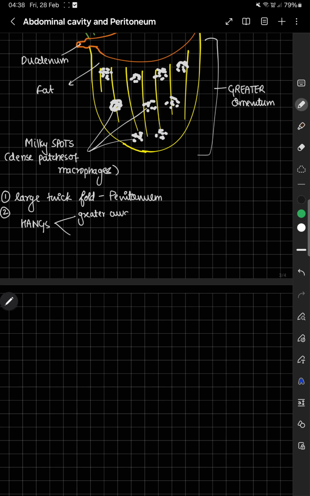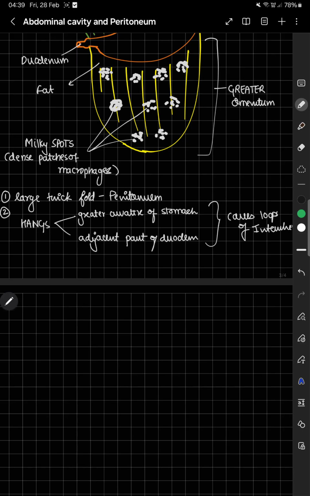Okay, simple. Adjacent part of duodenum and the greater curvature of stomach. And this whole thing covers the loops of intestine to some extent. It's variable though, but roughly it would cover.